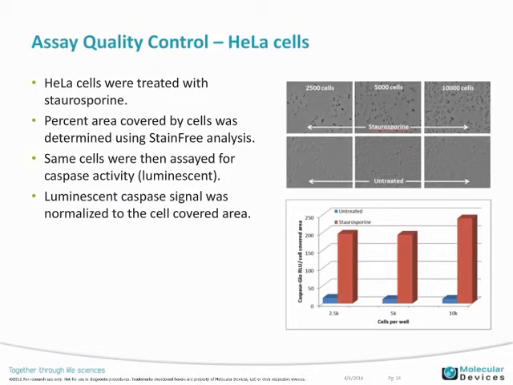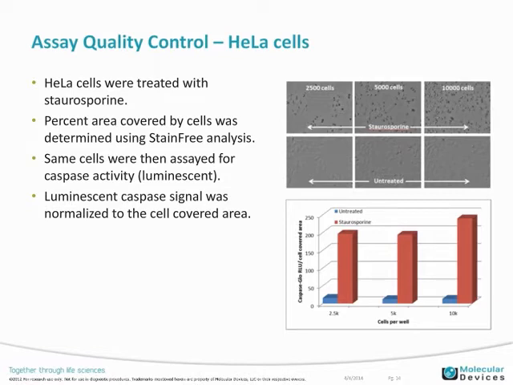We use the stain-free analysis to determine the percent area that was covered by the cells. Then those same cells were further assayed to detect caspase activity. Caspase is an enzyme that gets activated as part of the apoptotic pathway. We used the luminescent caspase activity assay on the same cells and took that luminescent signal and normalized it to the area covered by cells.